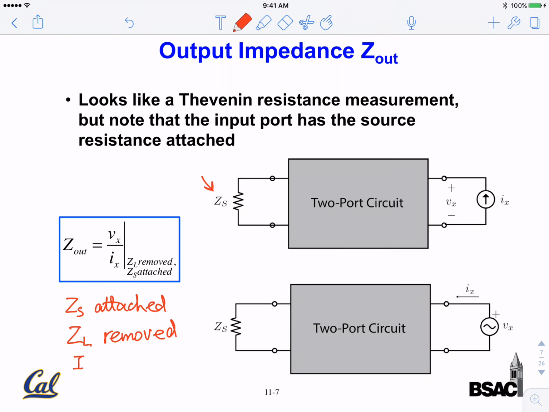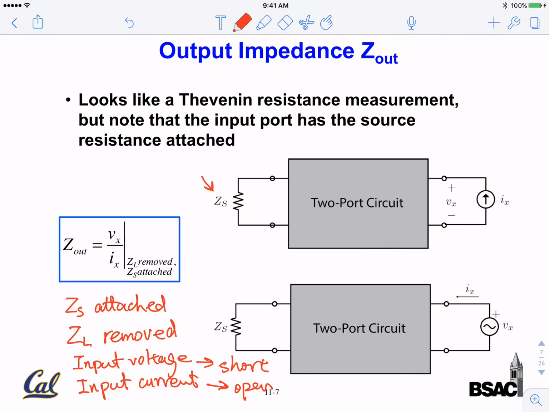So input voltage source, like in a Thevenin equivalent circuit, will become a short circuit, okay? And if this is the input current source, these are small signal current sources, and you replace that by an open circuit. So it is exactly the same procedure as you would do to find the Thevenin equivalent resistance.